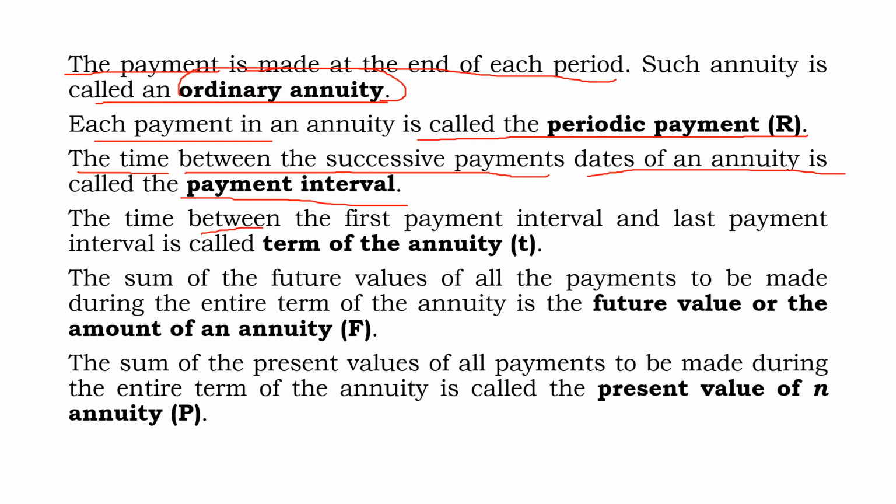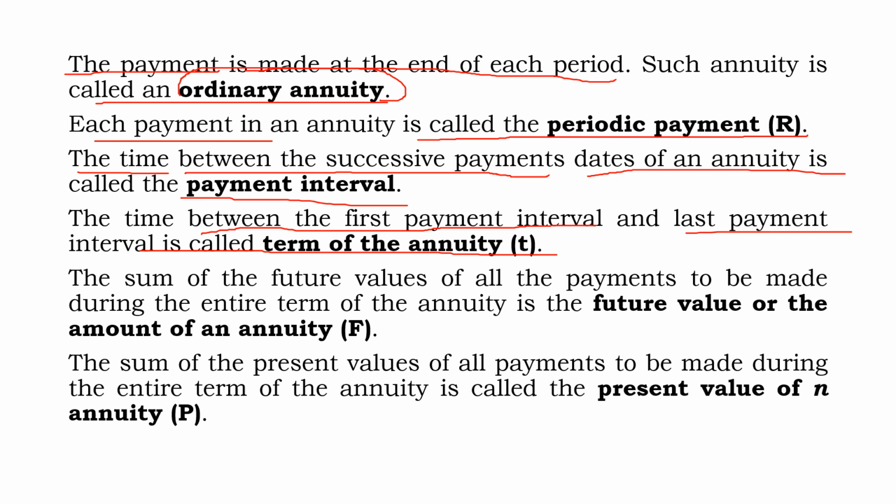The time between the first payment interval and the last payment interval is called the term of the annuity. So for example, there are 8 terms, or your payment is being made for 8 months.